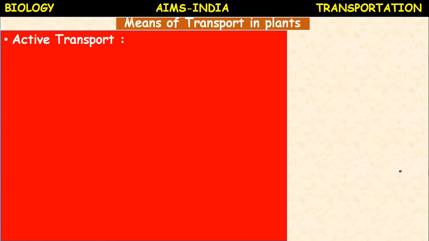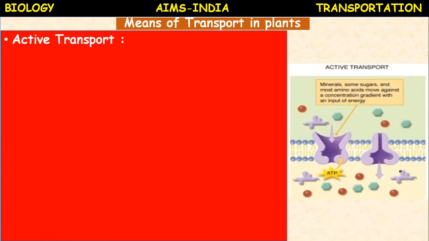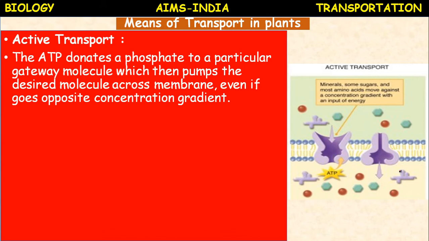Okay, now let us know more about active transport. In active transport, the ATP donates a phosphate to a particular gateway molecule, which then pumps the desired molecule across the membrane, even if it goes against the concentration gradient. Okay, so in this active transport, see here the ATP molecule.